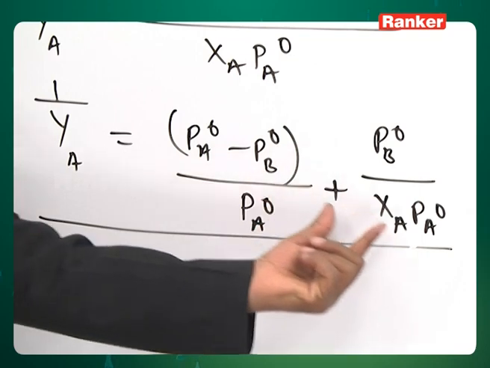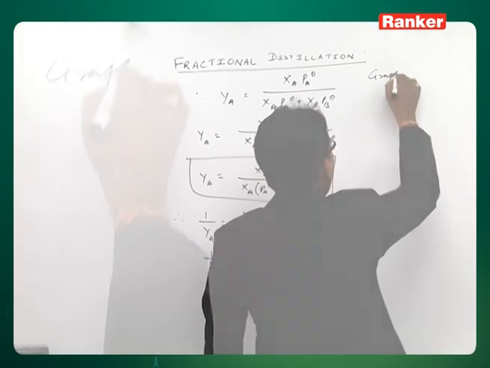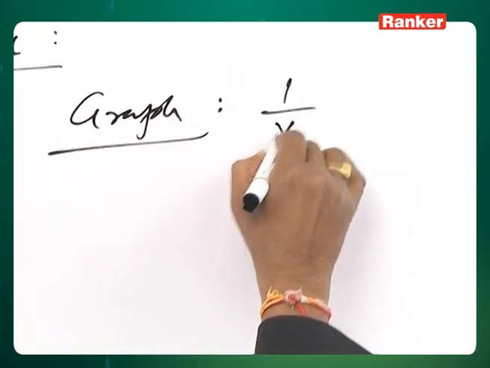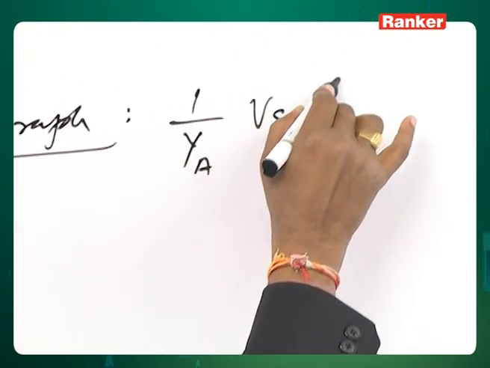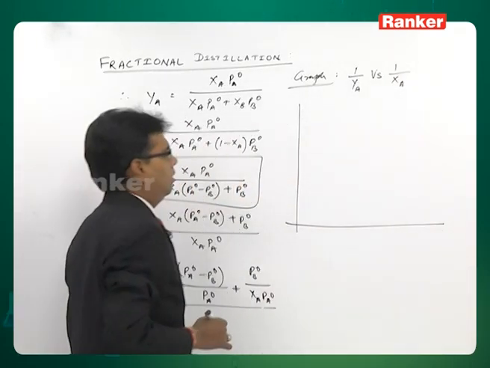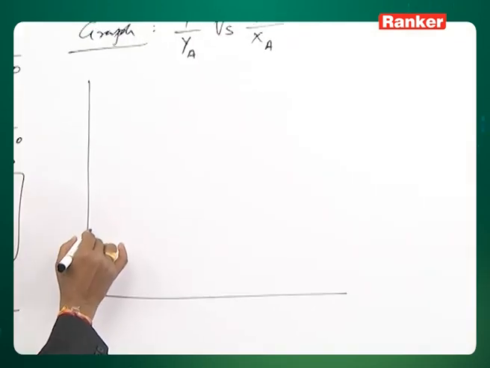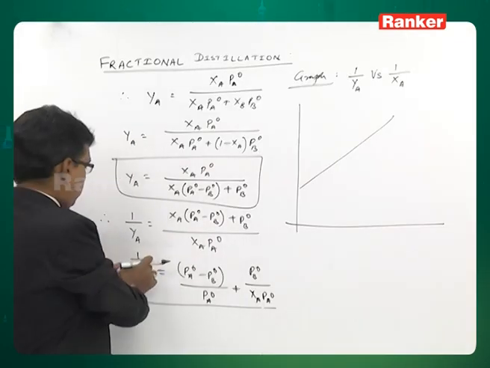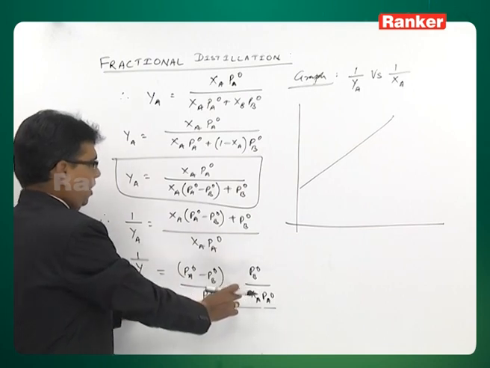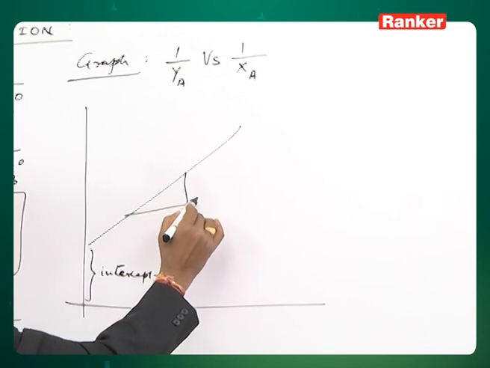So, when a graph is drawn for 1 by Y A versus 1 by X A, you will get a straight line, because now this is y equal to mx plus c type, where this is the intercept and the slope.